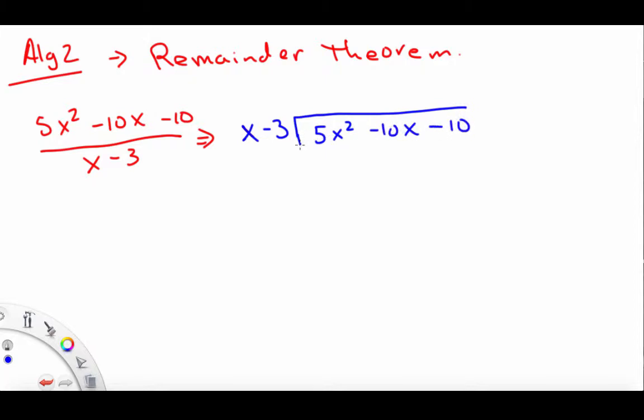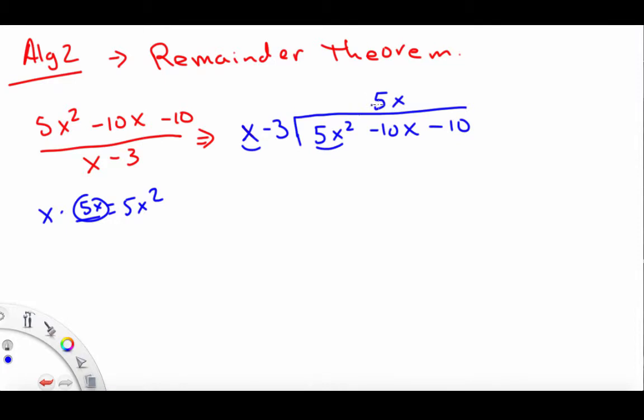Our first rule is always look at the outer, and we look at our first inner, 5x squared. We have to find a factor that goes into 5x squared. x times what will give me 5x squared? 5x, right? x times 5x, by the rules of exponents, gives you 5x squared. So we write that 5x in the middle on top.